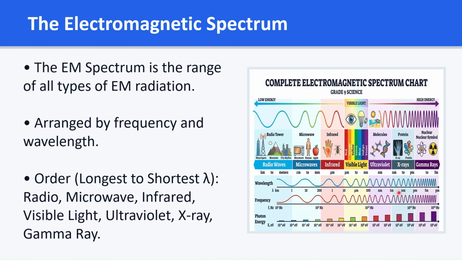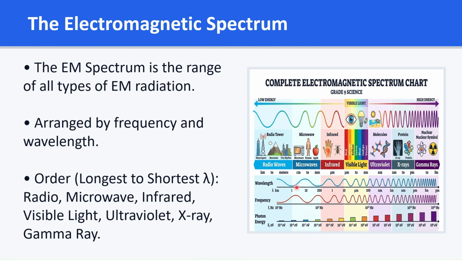So we organize all these waves into a map. It is called the electromagnetic spectrum chart. So pause this video and kindly familiarize the concept. What waves belong to the low energy, what waves belong to the high energy, and katong nasa middle lang, which is the visible light, yung makita sa atong naked eye.